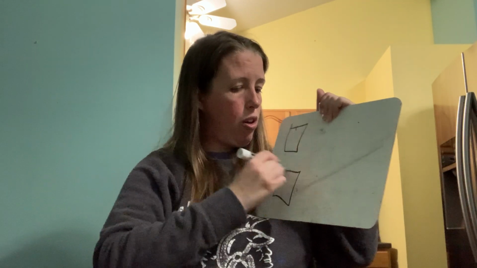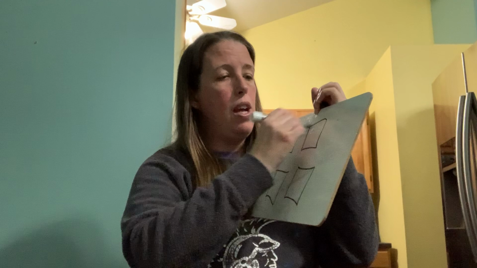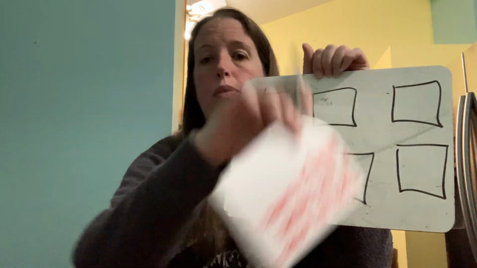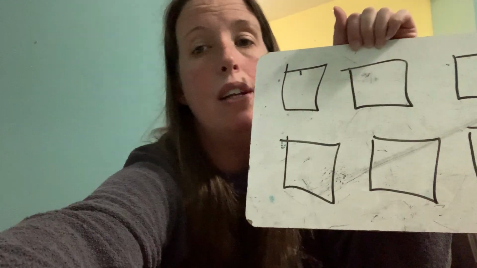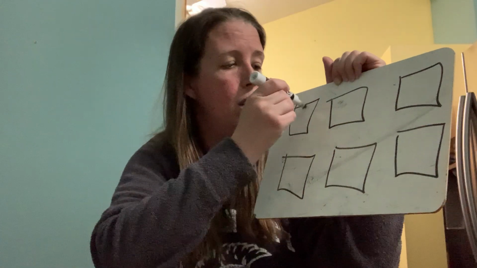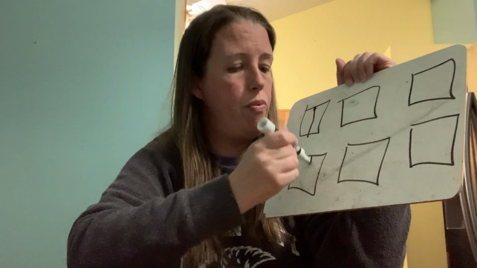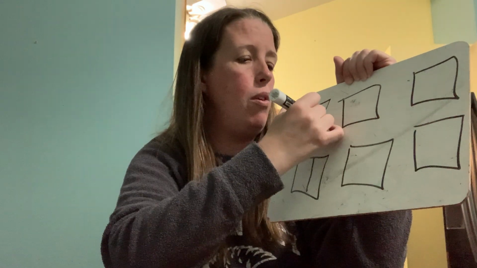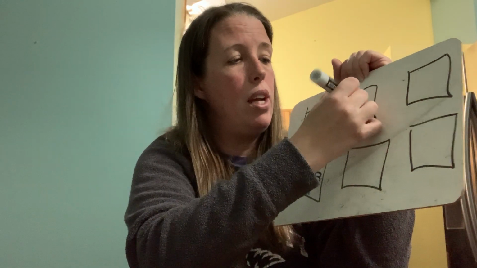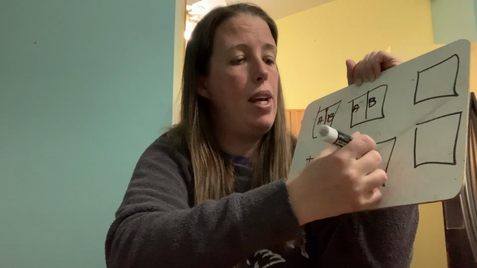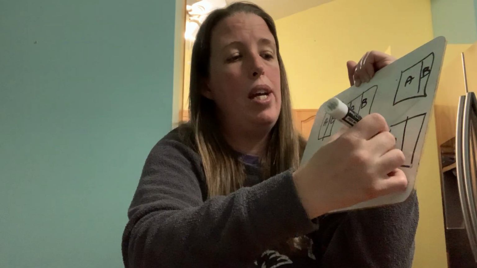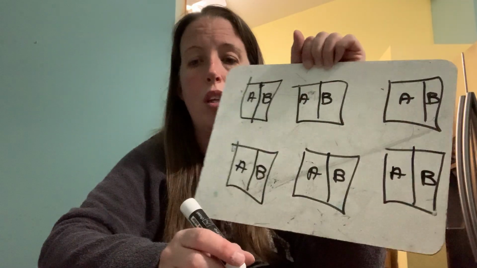Acre 1, acre 2, acre 3, acre 4, acre 5, acre 6. Who is sharing it? 2 homes. 1, 2. I can even say home A, home B, home A, home B, and so on across all 6 acres.